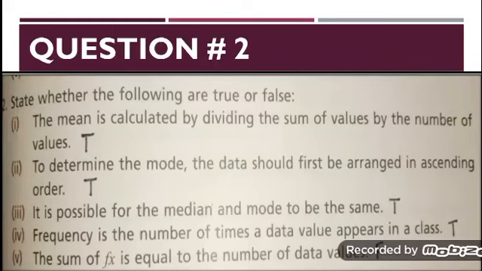And if a value occurs 1 time, then 1 is the frequency of that value. Statement number 5: the sum of fx is equal to the number of data values. The sum of fx means summation fx, and number of data values means summation f. Summation fx is equal to the summation f? No, it is not possible. So this statement is false.